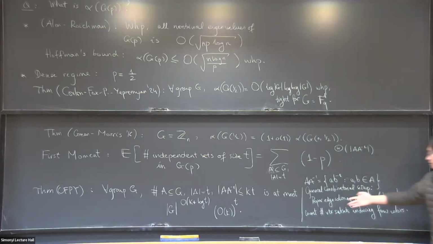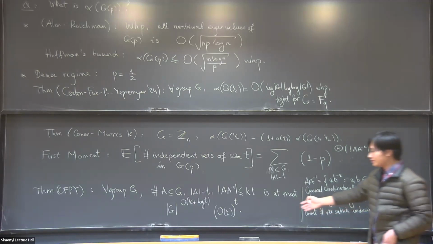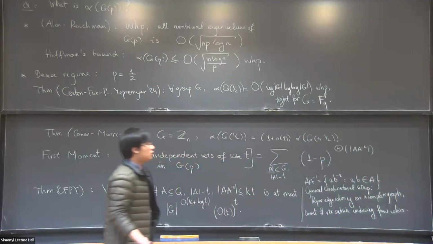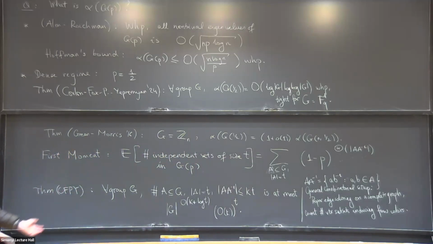We can quite easily see that this is a generalization of this group theoretic setting. Given any group G, we can consider the complete graph where the vertex set is identified with the elements in the group G, and between two elements X and Y in the group, the edge XY, we put the color which is just the label corresponding to the product X times Y inverse. This is not exactly a proper edge coloring, but it's very close to being one. The maximum degree of every color class is going to be at most 2.